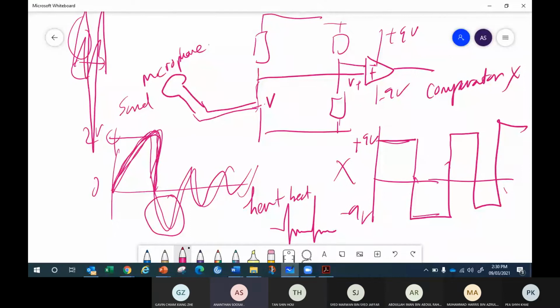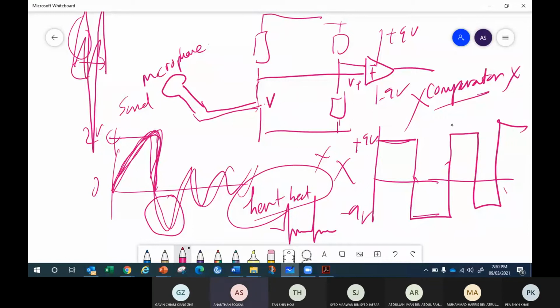It will saturate. Do you want that for heartbeat? Can a comparator be used for heartbeat monitoring in hospitals? Also cannot. So anywhere you want to amplify a signal but retain the pattern of the signal, you can't use a comparator.